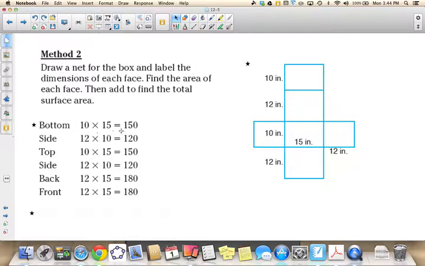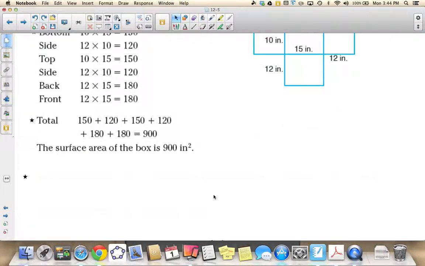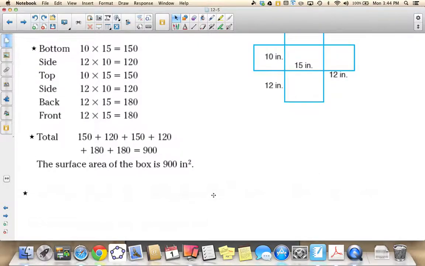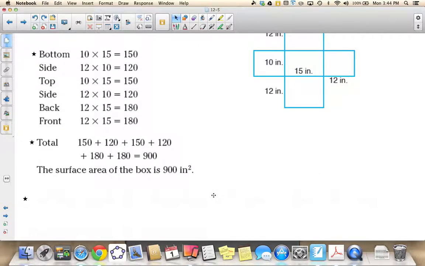The area of the bottom is 150. The area of the top is the same thing, 150. Then the sides, back, and front. After that, we add the total areas of all the faces of that box, which still ends up as 900 square inches.